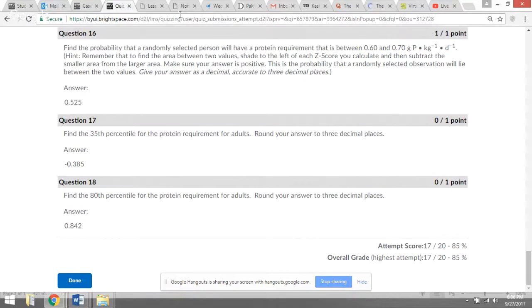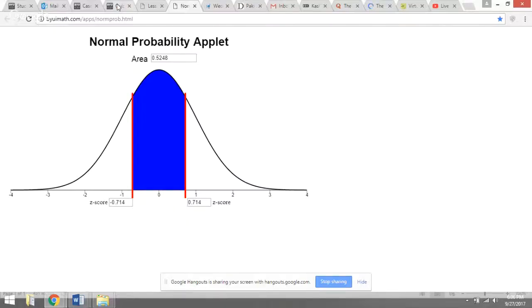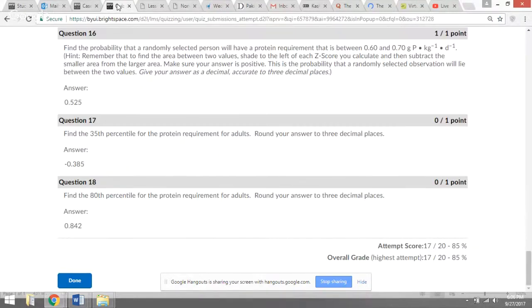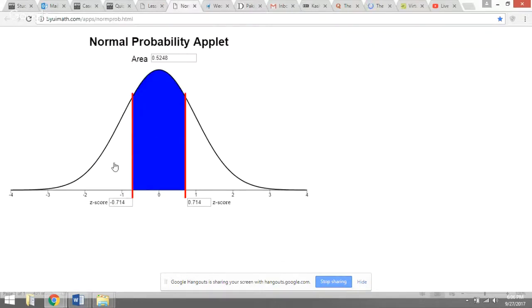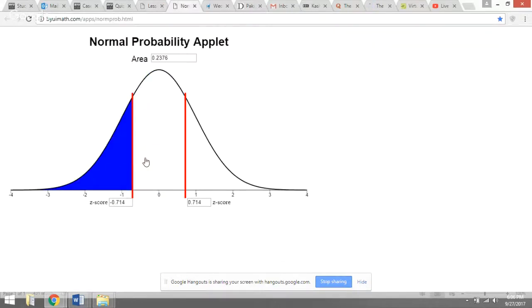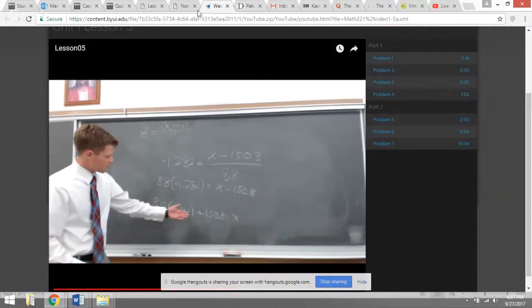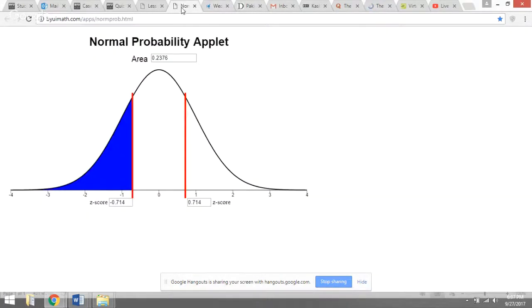What I did to get the answer for 17 was I came in the normal probability applet, and in this video, he says since it's a smaller percentage, you only highlight this first part.